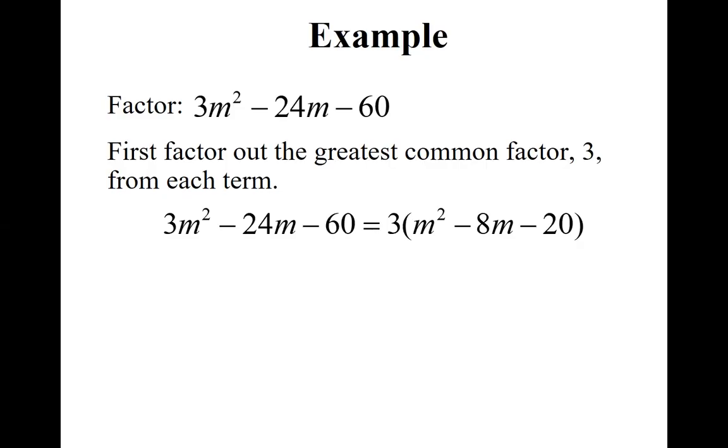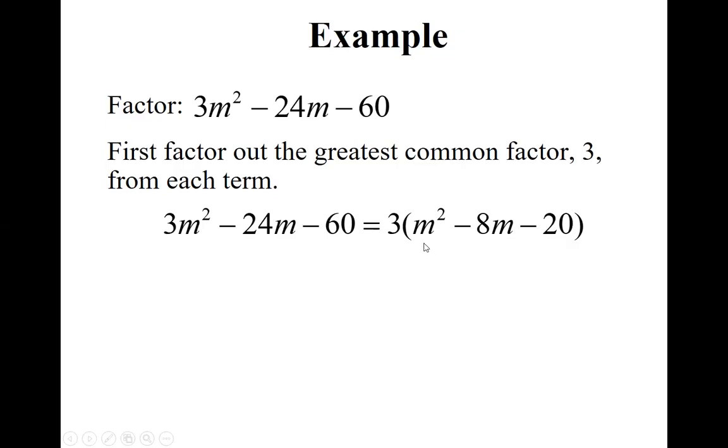The leftover piece is going to have 3 terms. 3 times what is 3m squared? m squared. 3 times what is negative 24m? Negative 8m. 3 times what is negative 60? Negative 20.